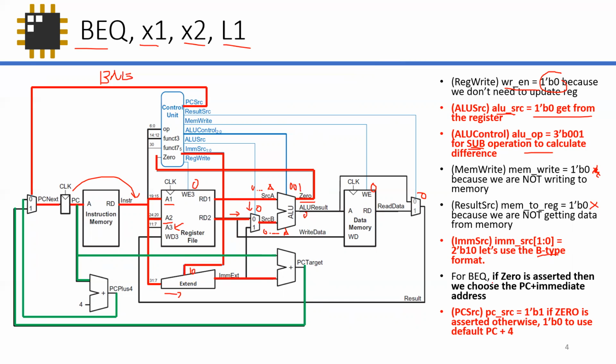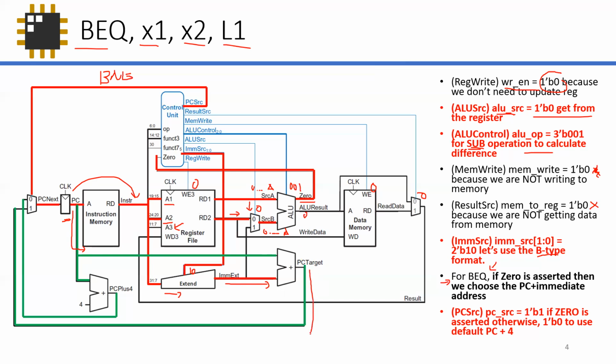Okay. And then for branch if equal to, if 0 is asserted, like we've discussed earlier, meaning source A and source B are equal since we subtracted them, then we have to update our program counter over here using the PC target, which is the PC source plus the sign extended immediate extension, the appropriate one.